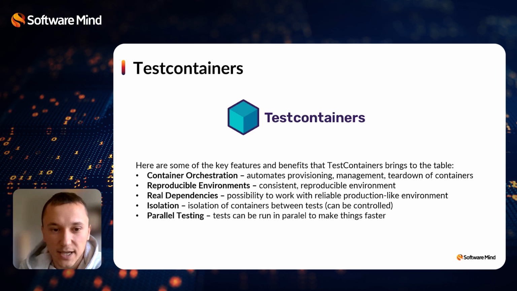And that's why I think it's so reliable to use this tool, this feature. They also took care of isolation. So in general, containers are isolated, so the tests do not interfere with one another. But we can control this behavior, and I will show you one common example where you can make your tests faster and reuse the containers.